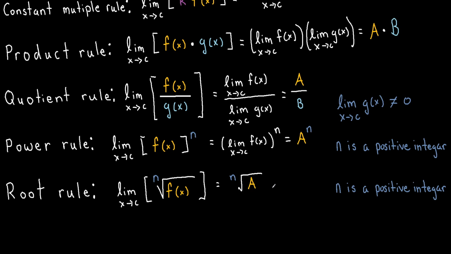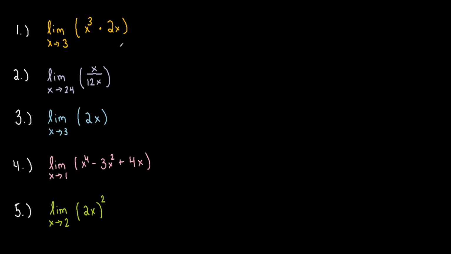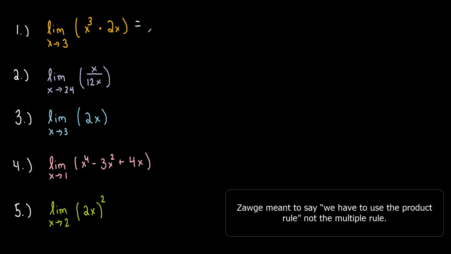Now that we got through all these properties, let's do a few problems. So for our first problem, we have the limit of x cubed times 2x as x approaches 3. So you see we have two different functions being multiplied to each other. So that means we have to use the multiple rule.